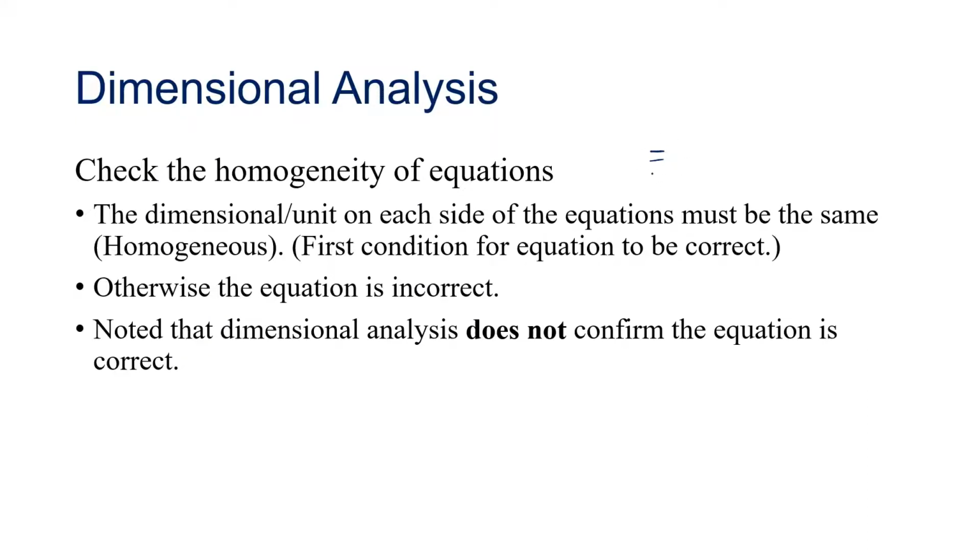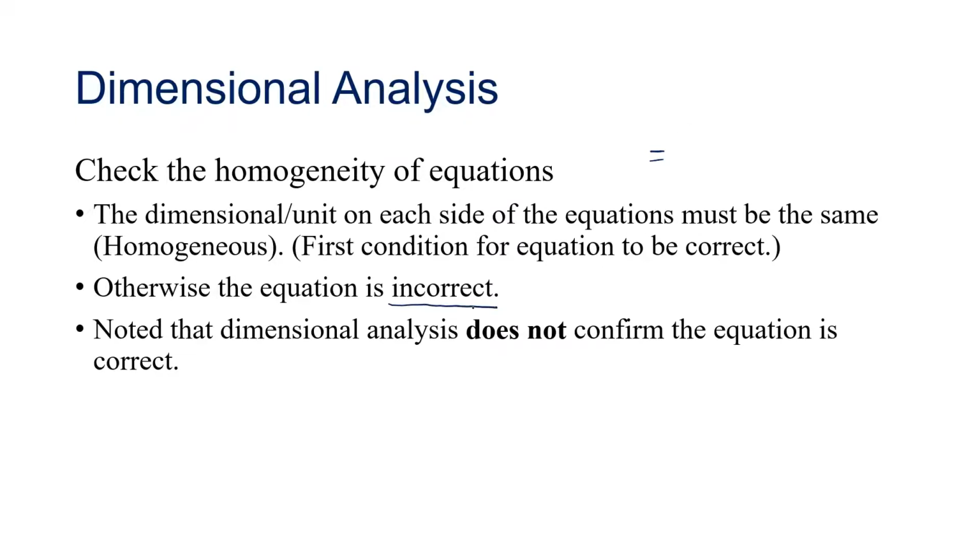If you use this equal sign, and you check that the unit from both sides is correct, it doesn't mean that the equation in terms of physics is definitely correct. But if you find out that the units or dimensions on both sides are different, it is definitely wrong.